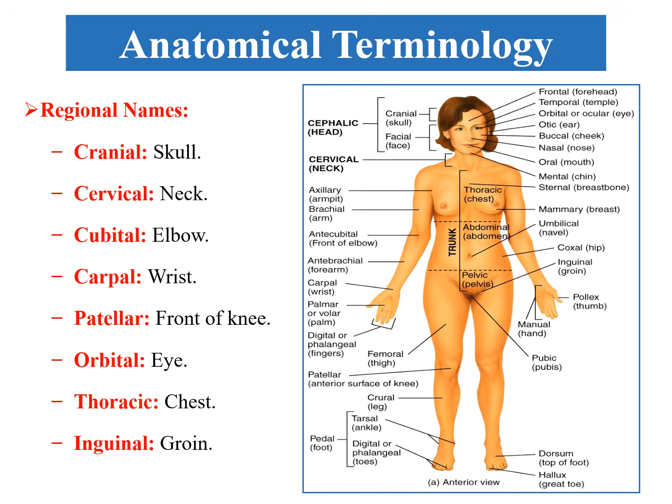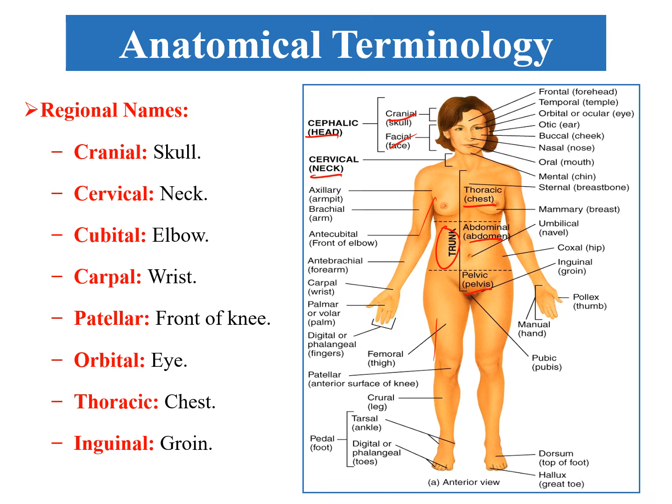Let's talk about the different regions of the human body. The principal regions of the human body include the head, the neck, the trunk, and the upper and lower limbs. The head is made up of the skull, the cranium, as well as the face. The neck is there to support the head and connect it to the trunk. The trunk is made up of the chest, which is the thorax, then the abdomen, as well as the pelvis.